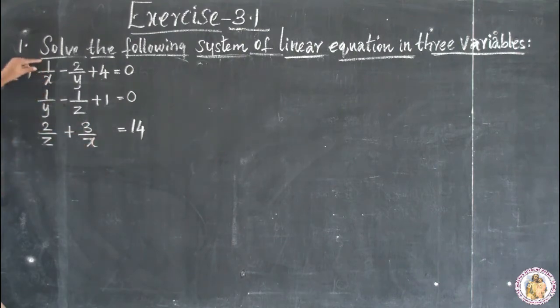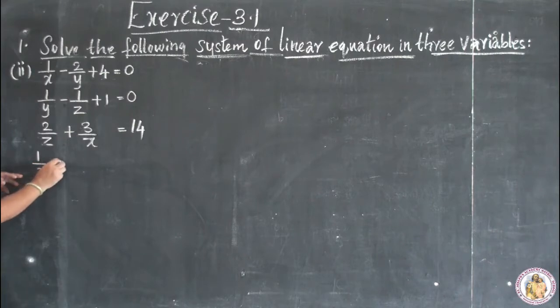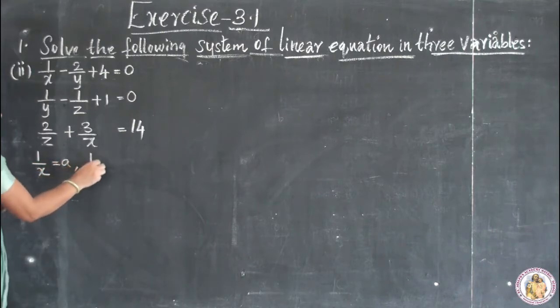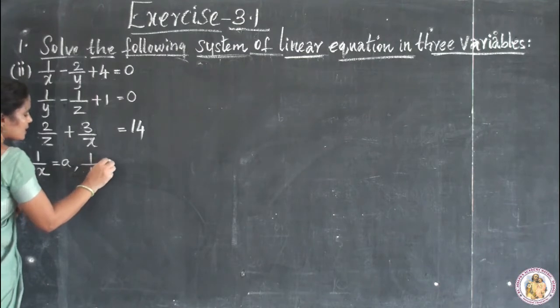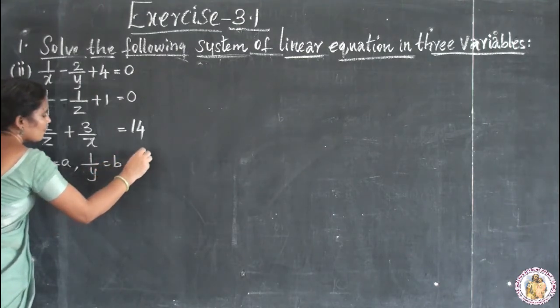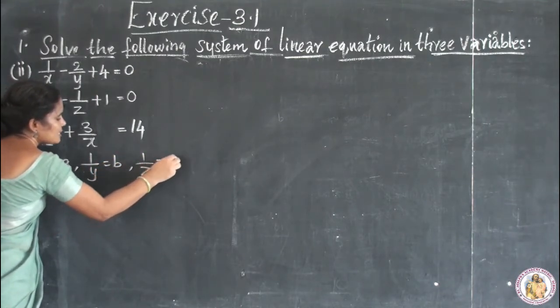A new format is given, that is in fraction form, 1 by x, 1 by z, 2 by z. So to make it simple, 1 by x can be considered as a. Likewise, 1 by y we can consider as b, and 1 by z can be considered as c.